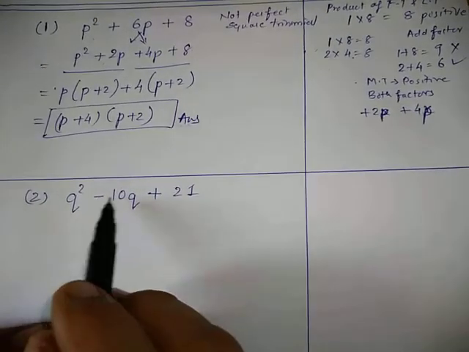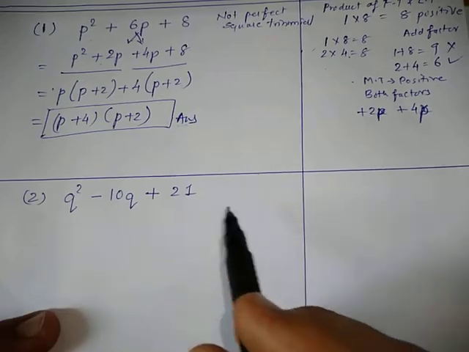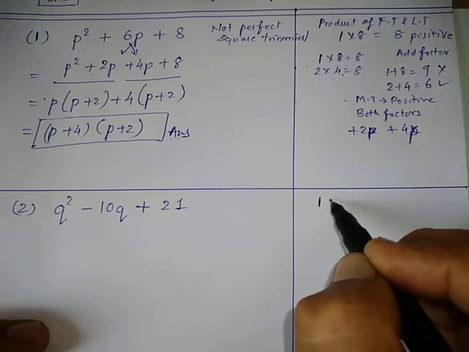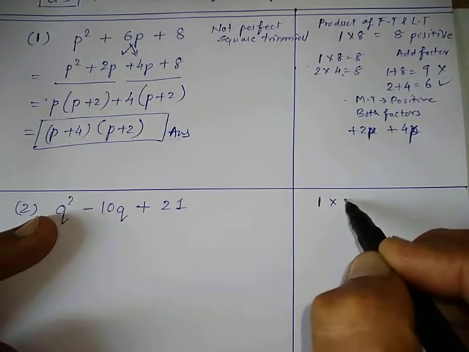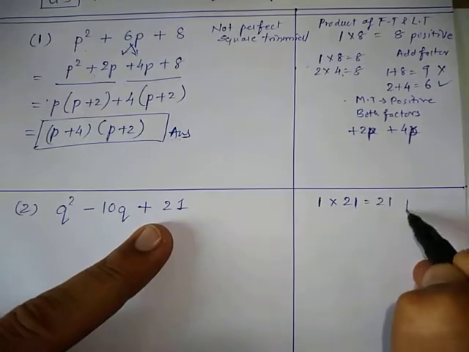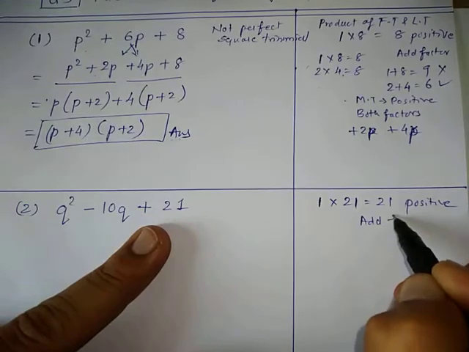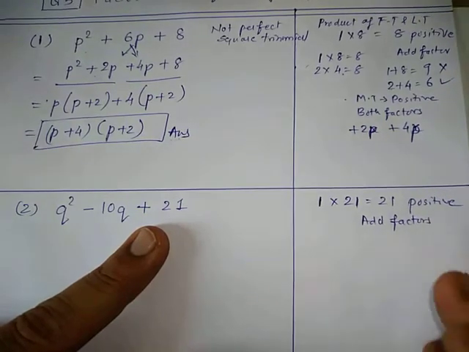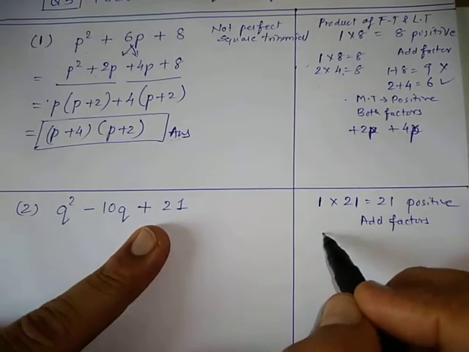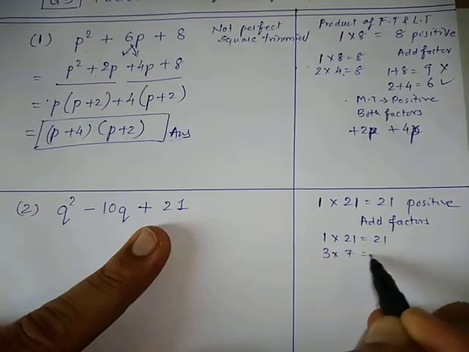Okay, 21 is not a perfect square number, so it is not a perfect square trinomial. When it is not a perfect square trinomial, first find the product. The product of the coefficient 1 of the first term and 21 of the last term is positive, because of the plus sign. Remember, if positive, add the factors; if minus, subtract the factors. 1 into 21 is 21, 3 sevens are 21.